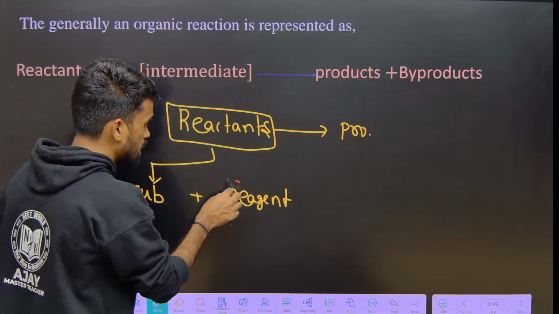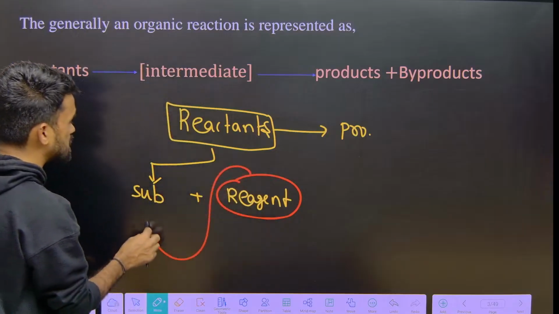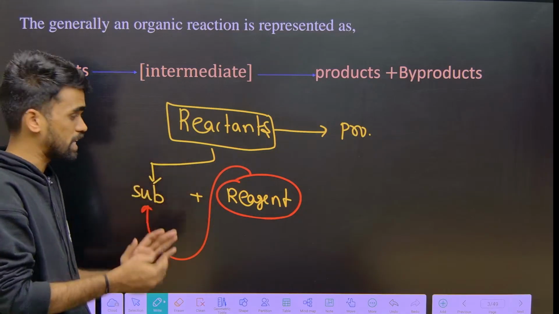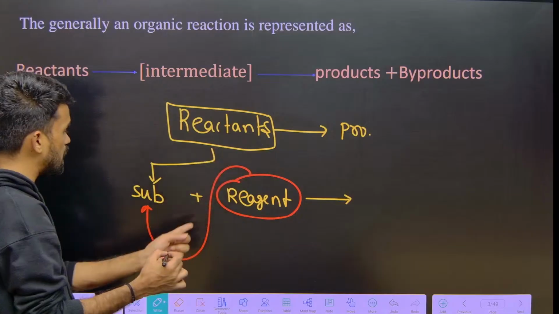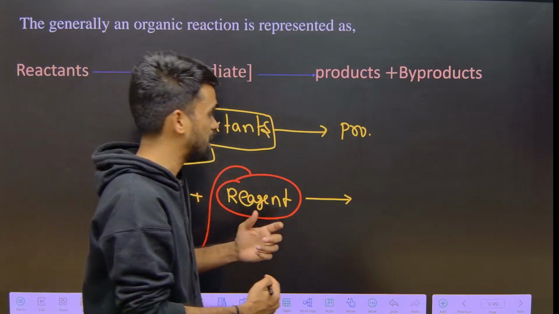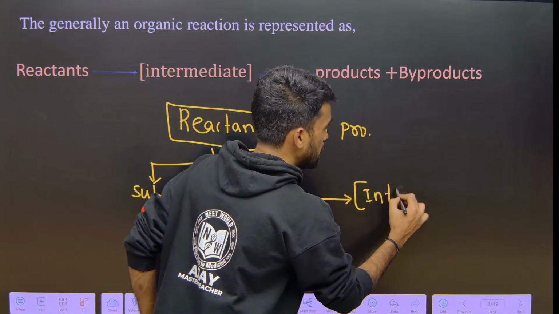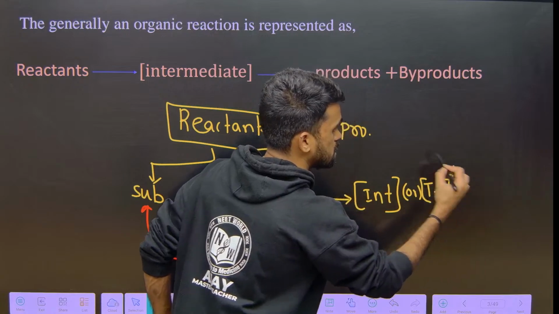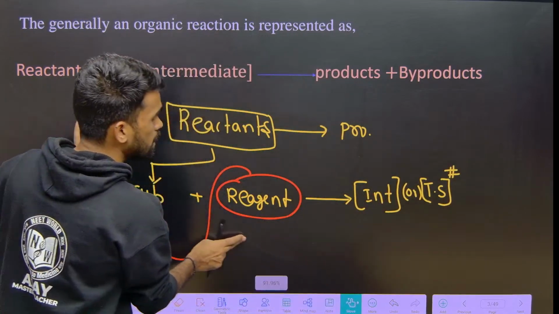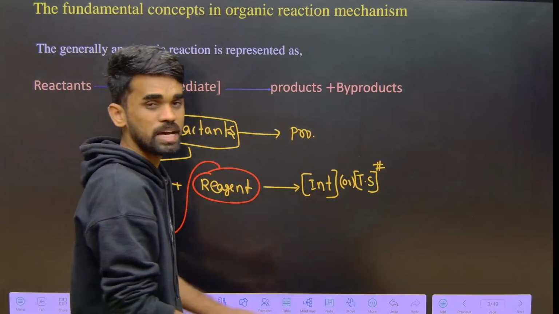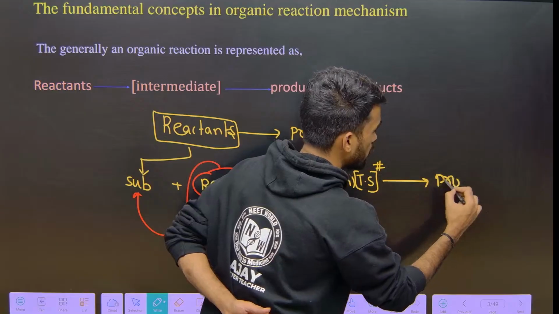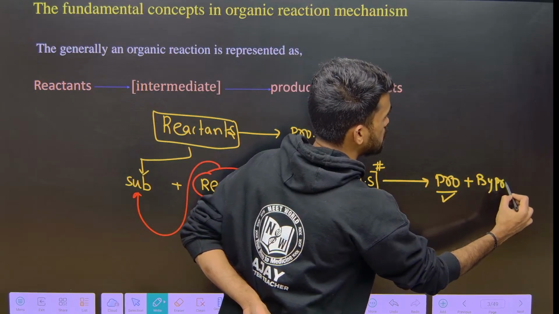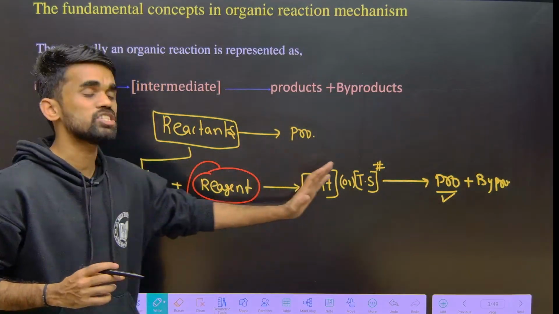This reagent attacks the substrate, so the reaction is initiated. When the reagent attacks the substrate, we can expect something called an intermediate, or sometimes in some reactions a transition state, to be formed. Finally, from this intermediate or transition state we get the product. Along with that product we may also get some byproducts. This is the general construction of a reaction.